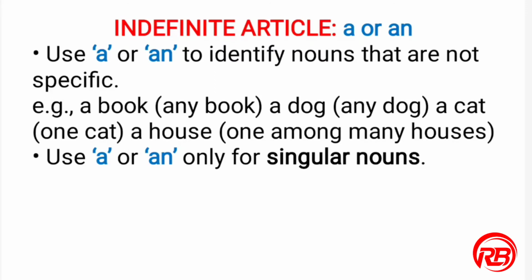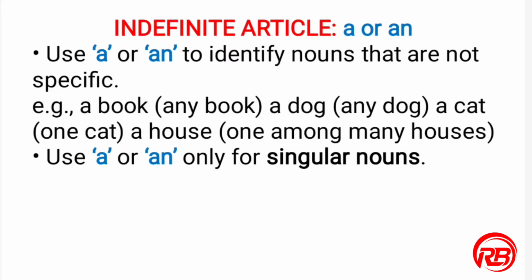Already we have discussed the article the. We learned that we apply the before a specific noun. And here the indefinite article a or an will come before non-specific nouns.